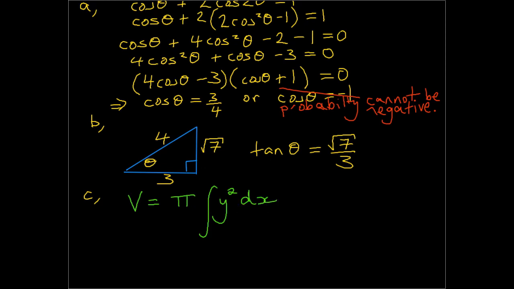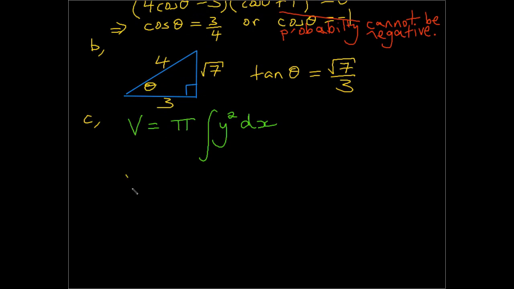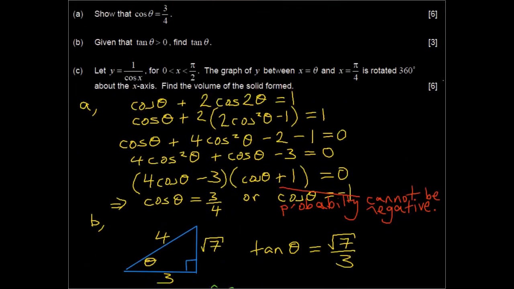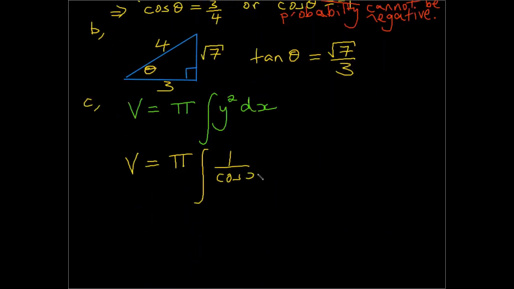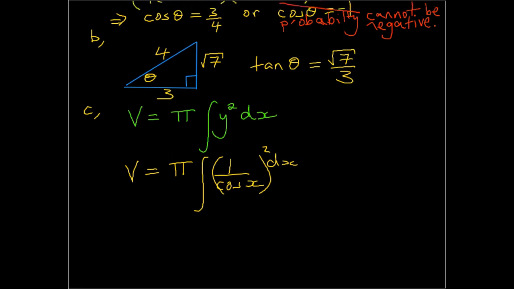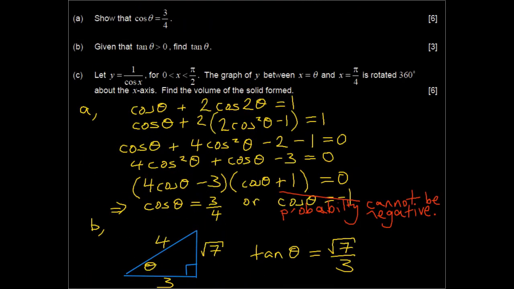That is how you work out the volume of revolution. So we're going to substitute in the value of y that we've been given. It said that y was 1 over cos x. So we're going to have V equal to pi times the integral of 1 over cos x, all squared, dx, and the limits are between pi over 4 and theta.